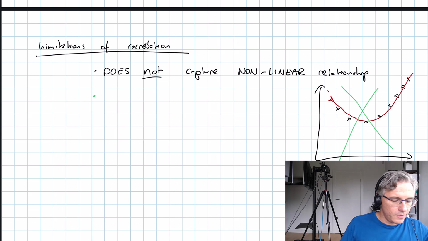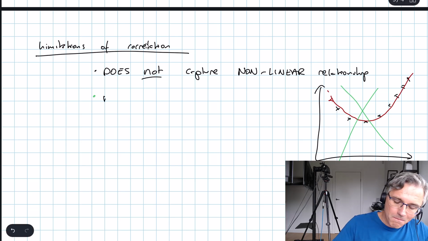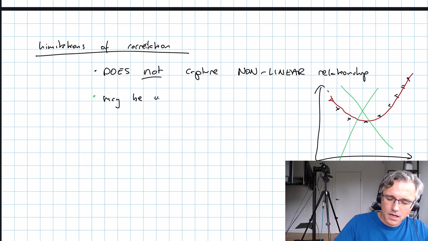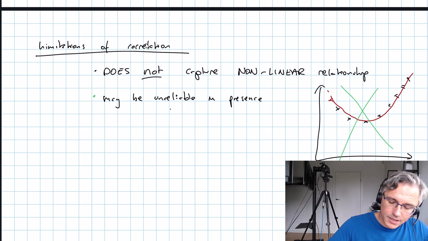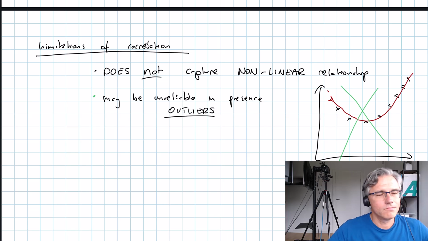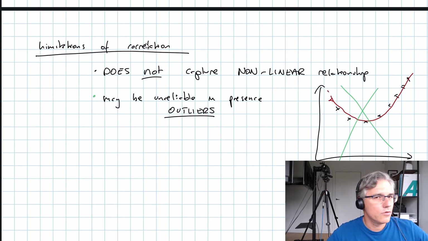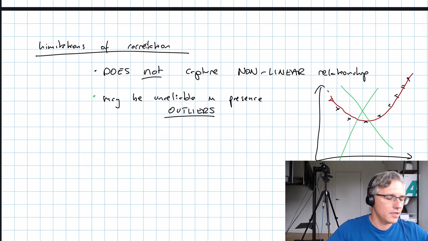The second thing is it may be unreliable in the presence of outliers. If you've got outliers in your data set, correlation may go wrong. So you may want to exclude outliers and focus on what's sort of within the core of the data.